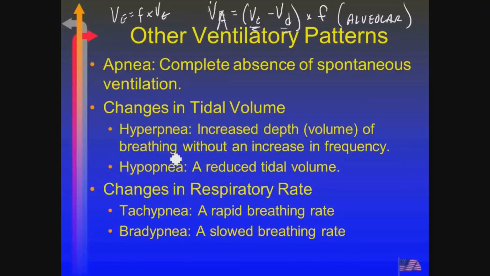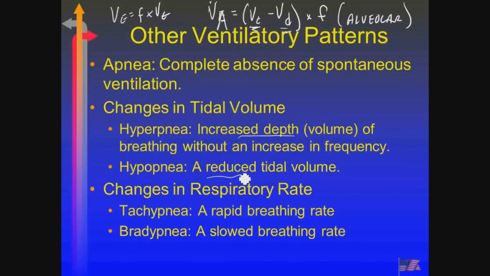Hyperpnea seems like a weird word, but that's basically a deep breath, so I'm breathing at a tidal volume that's deeper than normal. Hypopnea, the opposite, is a very shallow breath.